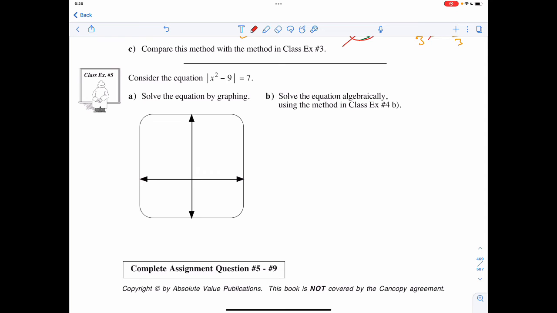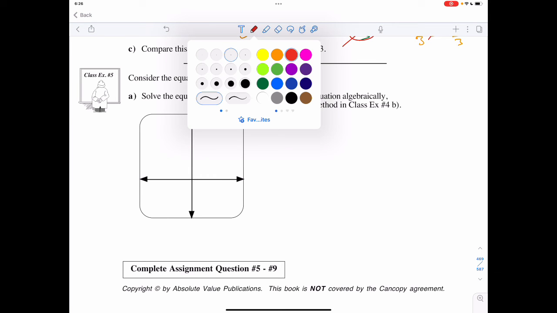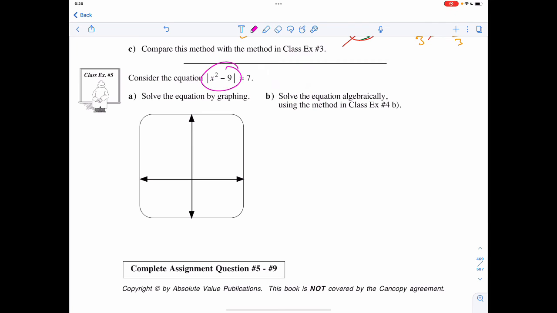Now, for example 5, it wants us to take the absolute value of x squared minus 9 equal to the value of 7. I'm going to graph out the left side. It's going to look something like this, with those x-intercepts occurring at negative 3 and positive 3.